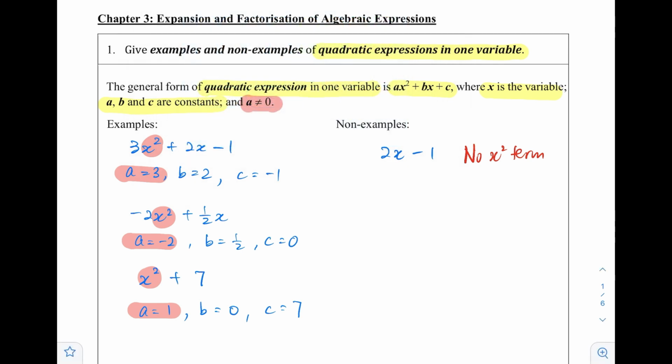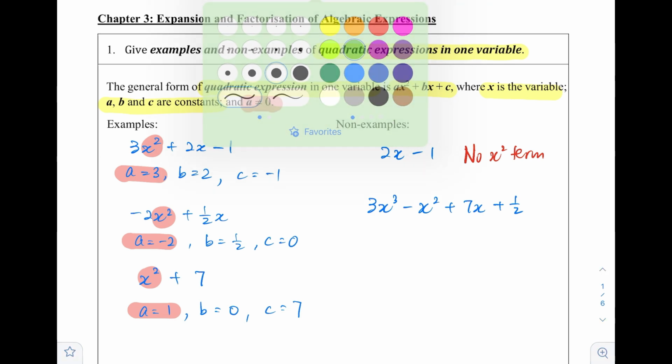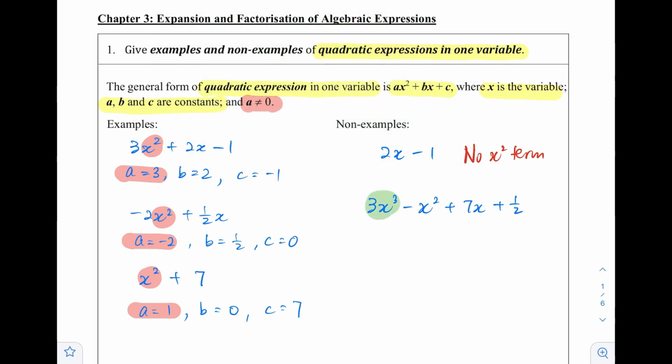Another example can be 3x cubed minus x squared plus 7x plus half. In this case, although there is an x squared term, there is also an x cubed term.